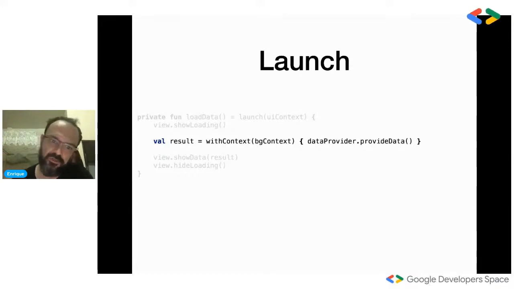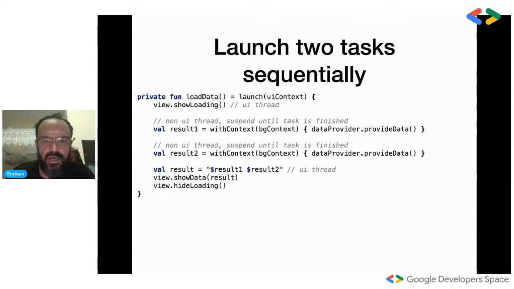That's interesting because we can execute this on the background context, so we are not blocking the UI, but then with launch on the UI context, we can update the UI. So everything works. Android is happy. We are not making any network requests from the main thread, and we're updating the UI from the UI thread.